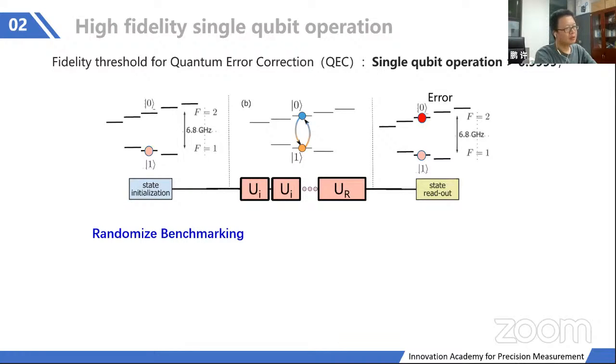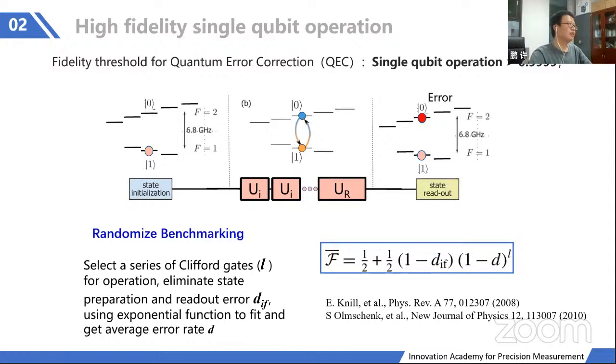The main idea is that we first initialize the atom in the first state, and then we do a series of operations, and in these operations, the gate errors will accumulate.